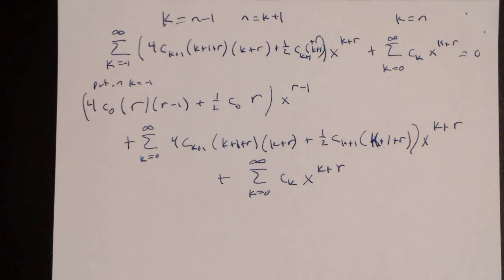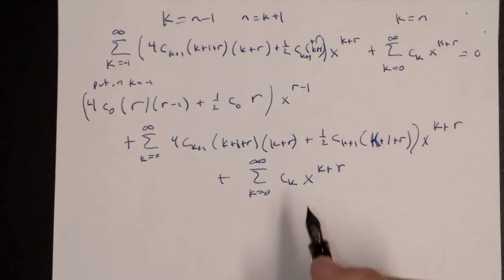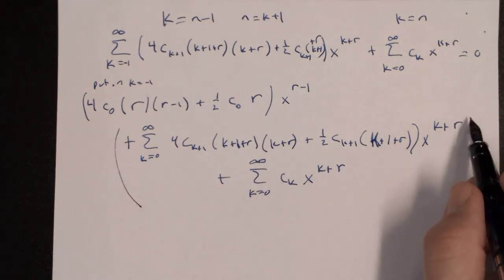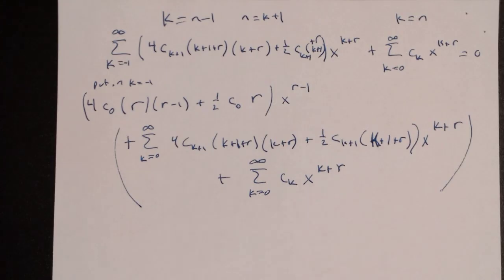All right. Technically, this can now all be combined, because that's starting at the same number, k equals 0, going to infinity, and they're both in terms of x to the k plus r. But I want to leave that for the moment.